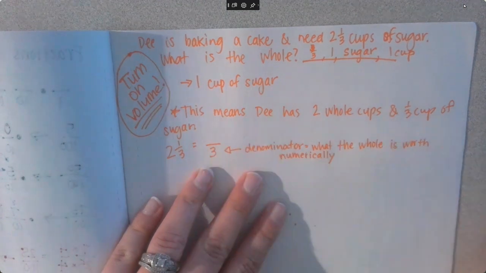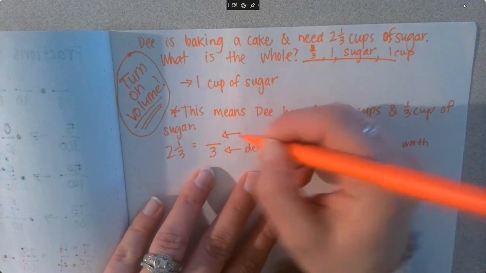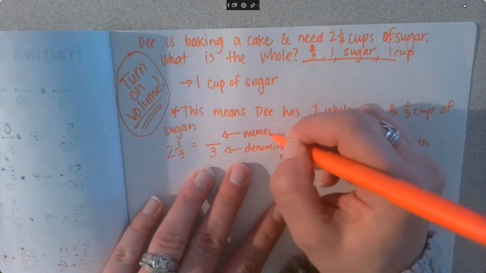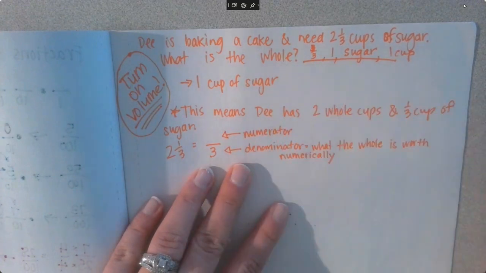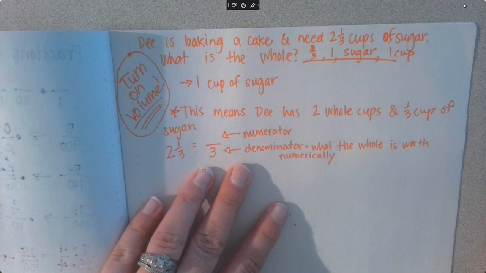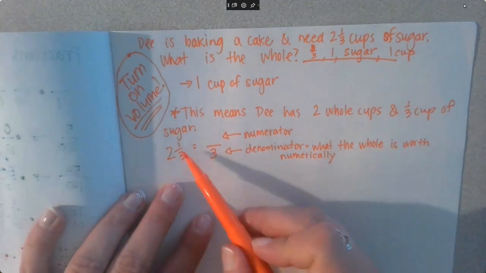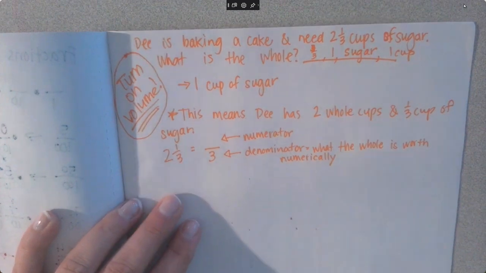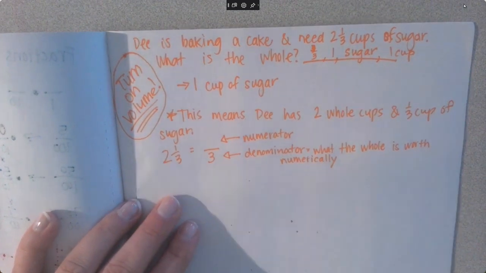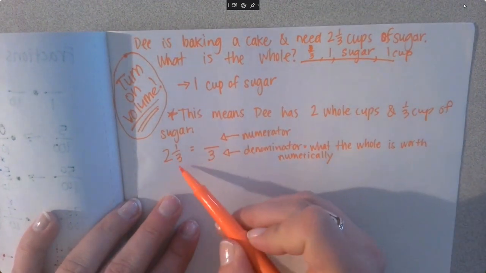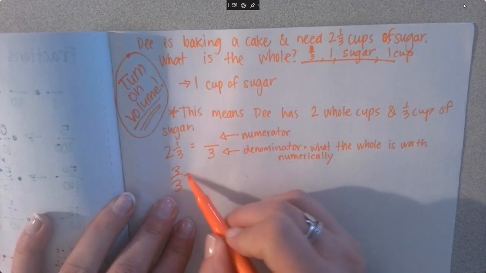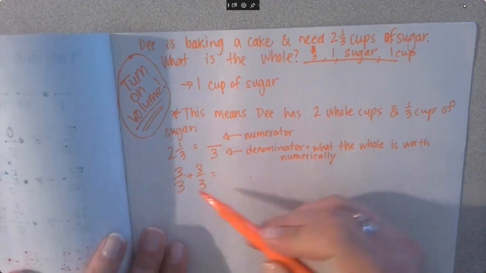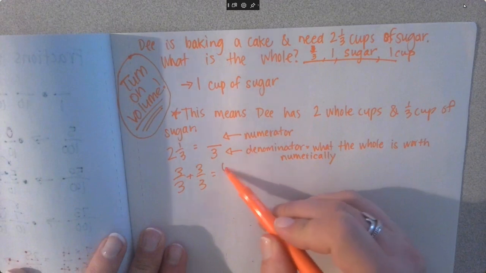So then how do I know what the numerator is? Well, I have 1/3 we already know, but then what would our 2 wholes be? 2 wholes would be 3/3 plus 3/3, right? 1 whole and 1 whole.